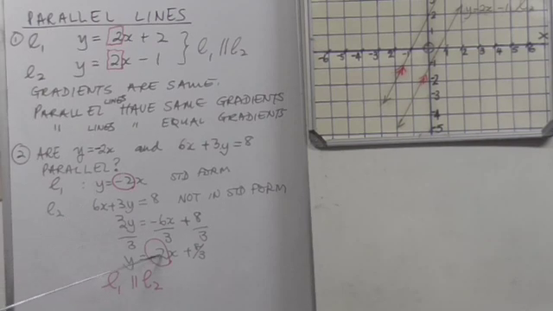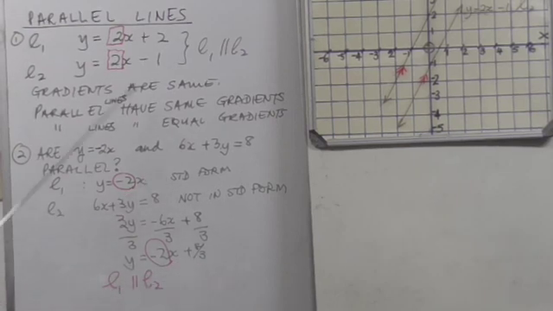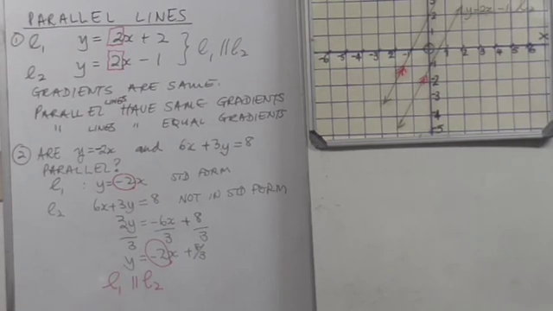When we compare, the gradients are the same, therefore the lines are parallel. Don't worry about the y-intercepts. Y-intercepts can be different. Alright, that's how we determine whether lines are parallel or not. Let me give you a little exercise to determine whether lines are parallel or not.